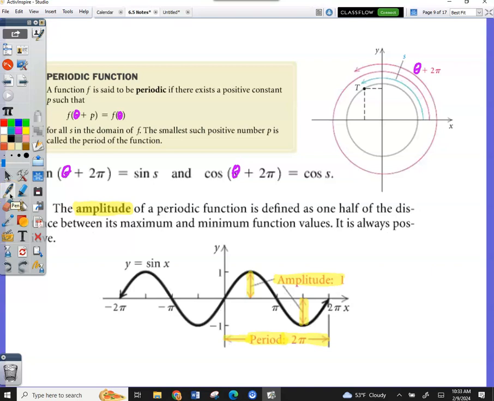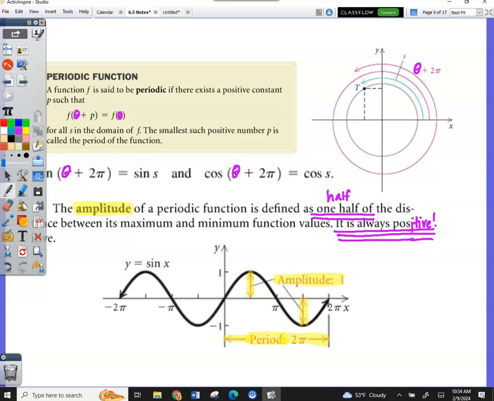Amplitude of a periodic function is half the distance between its max and min. It is always positive. Always positive. Amplitude's always positive, right?